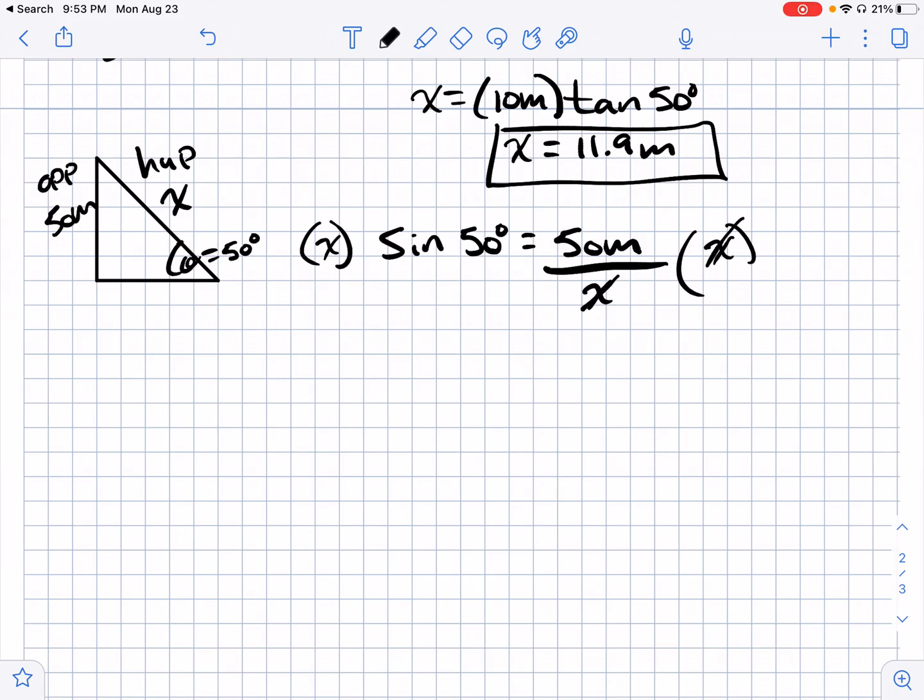That cancels. And that would leave me with x sine 50 degrees is equal to 50 meters. My last step now is I would divide both sides by sine 50 degrees.